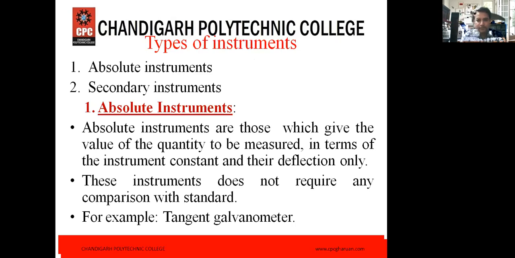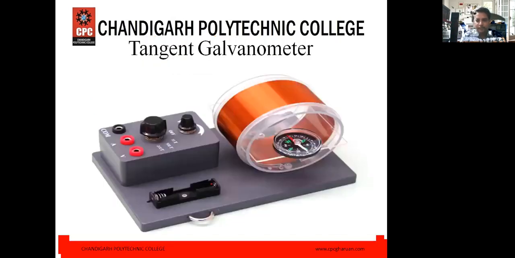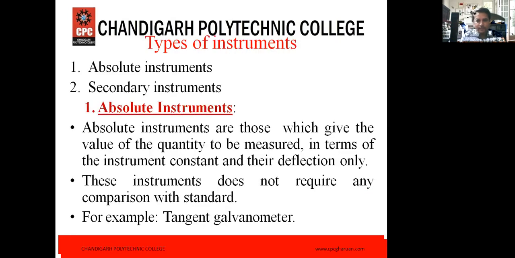For example, tangent galvanometer. This slide shows the image of tangent galvanometer. Here we will see the deflection of the needle and the instrument constant. Then we will multiply both of these, and this will give the reading.